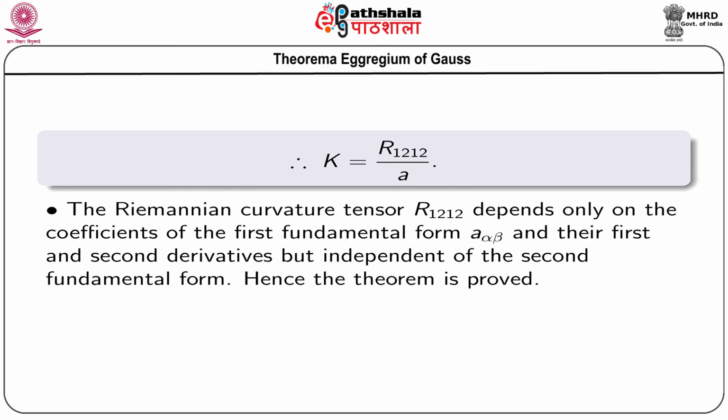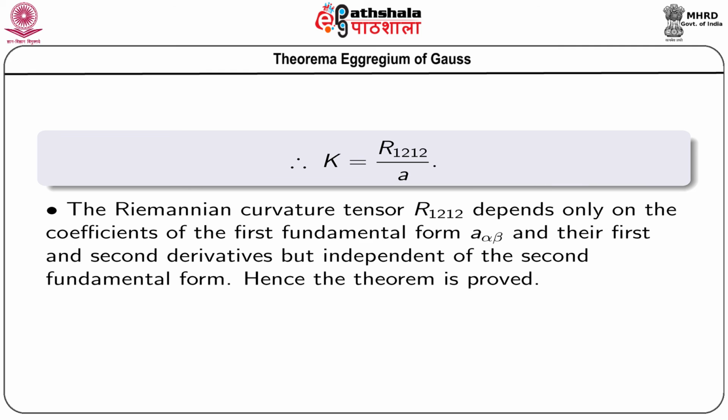That means the Gaussian curvature depends only on the first fundamental form A alpha beta and their first and second derivatives, and it is independent of the second fundamental form.